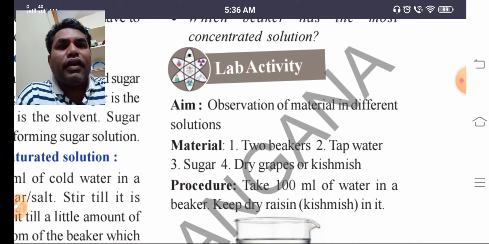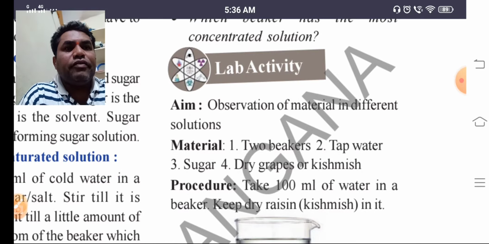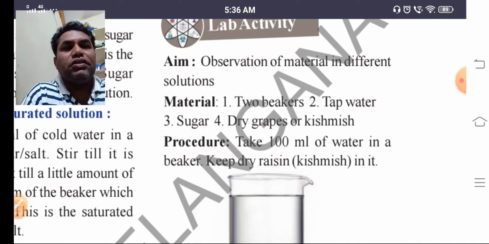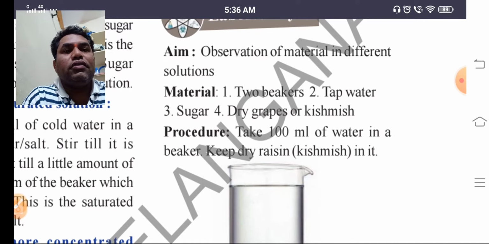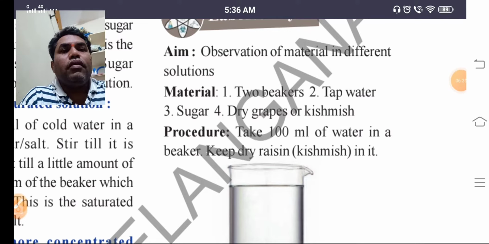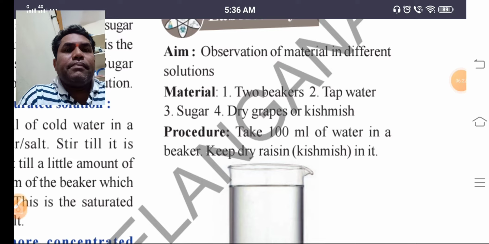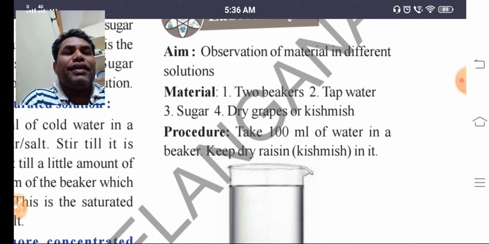So next, go to that lab activity, observation of material in different solutions. For this purpose take 2 beakers, tap water, sugar, dry grapes or kismis.